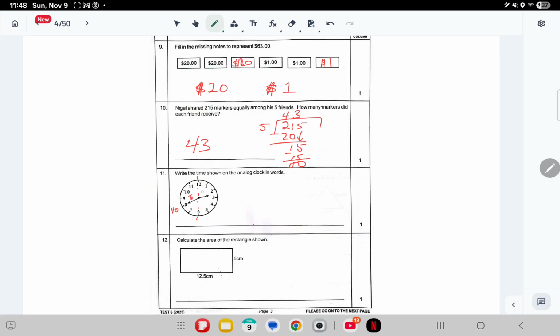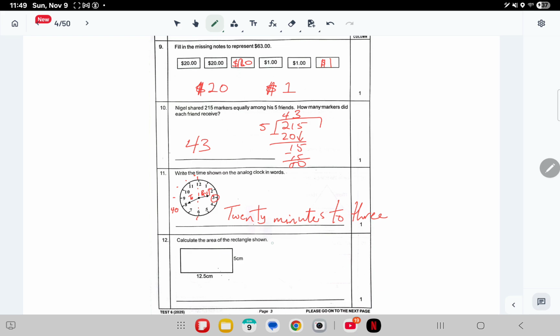Alright, this side represents 2, this side represents past. So we know it is 5, 10, 15, 20. 20 minutes to the next hour, which would be 3. So it's 20 minutes to 3. Alright.